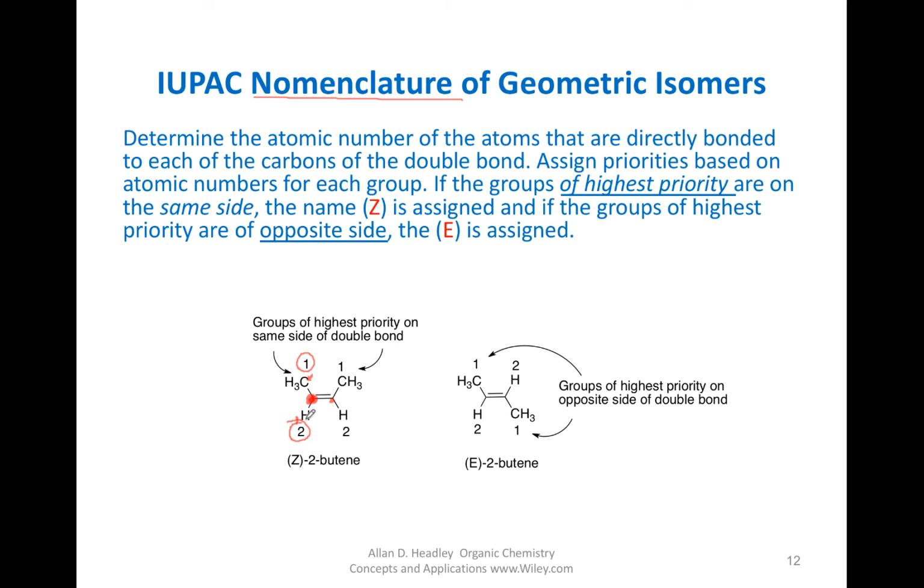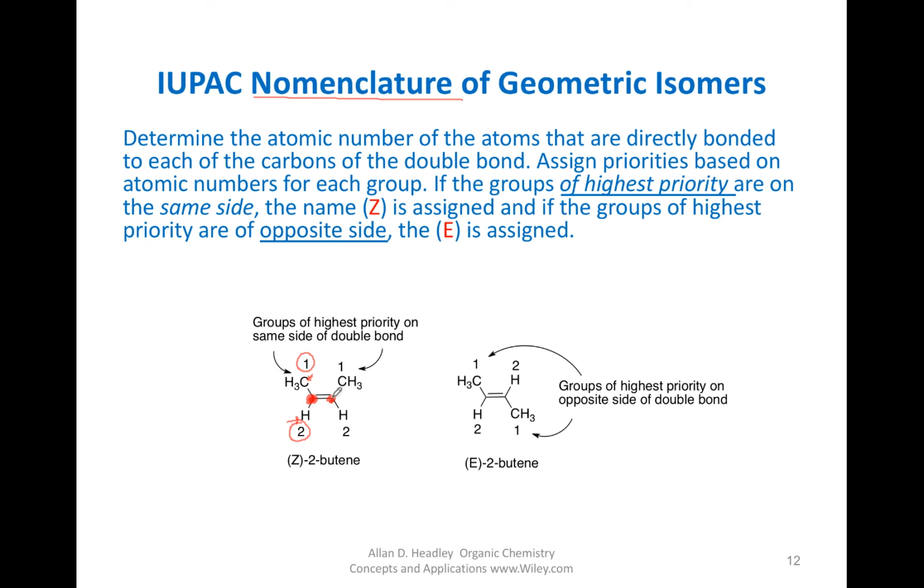Okay? You look at the next carbon, which is right here, and do the same thing. The atoms that are directly bonded to this carbon determine the priorities based on atomic number.